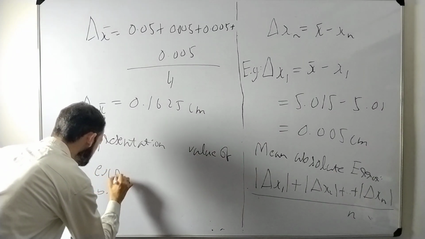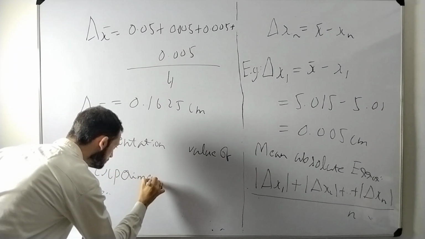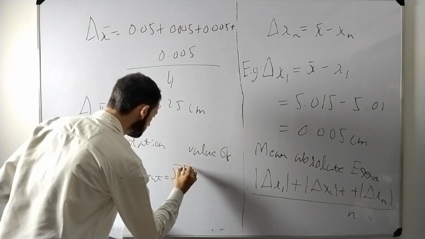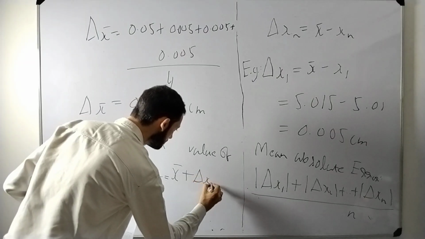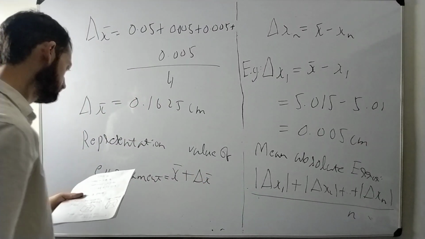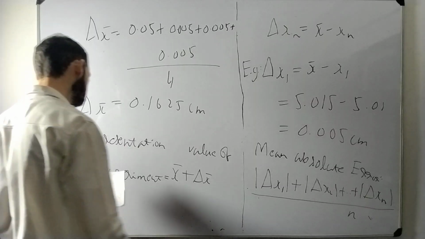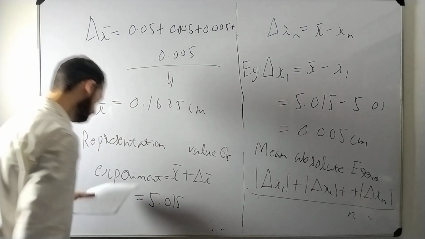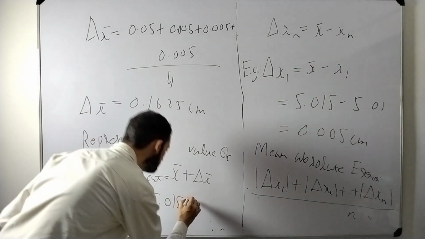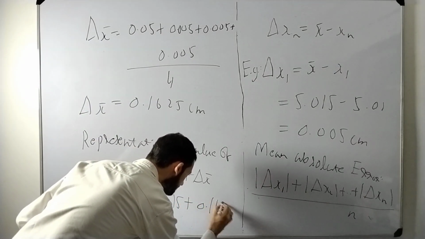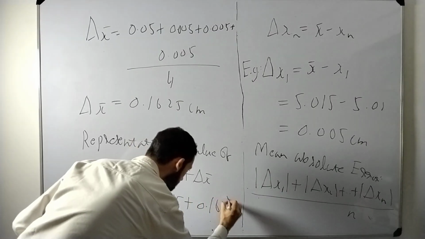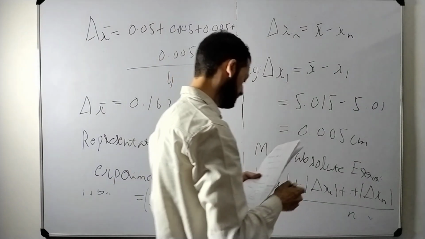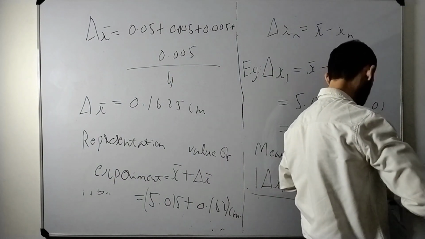And it should be x plus or minus del x: 5.015 plus or minus 0.162 centimeter. Yes, this is how you would write this value in the experiment.